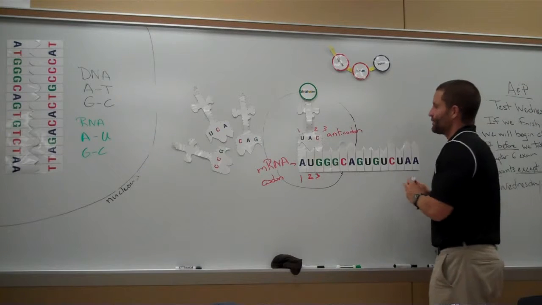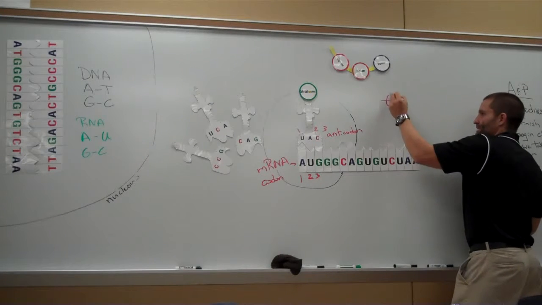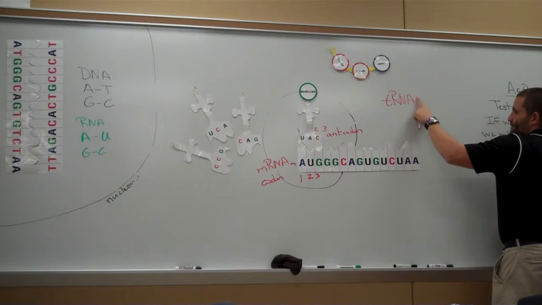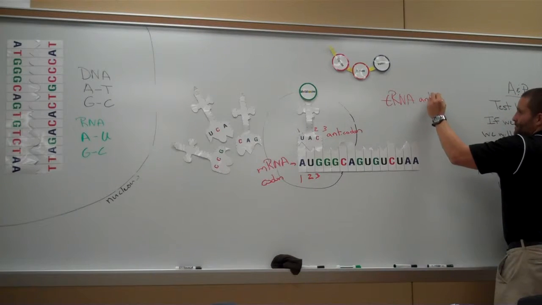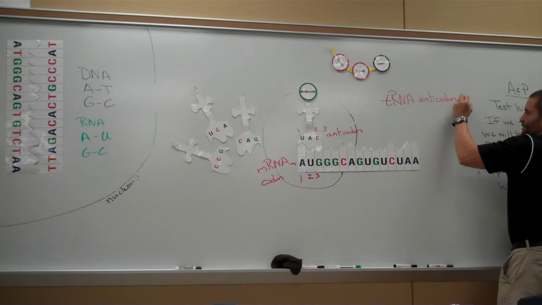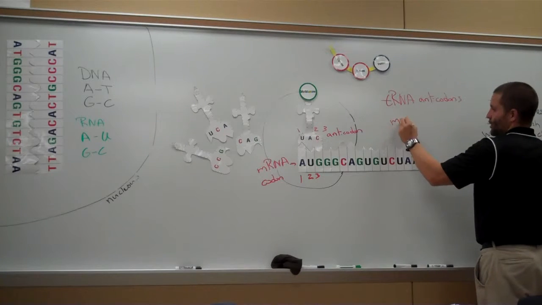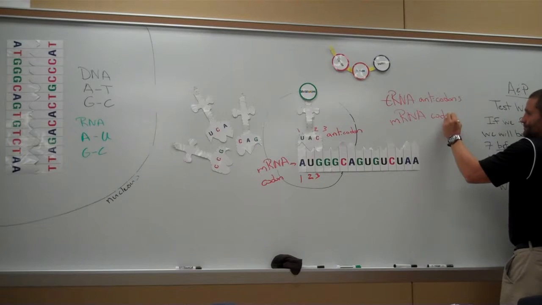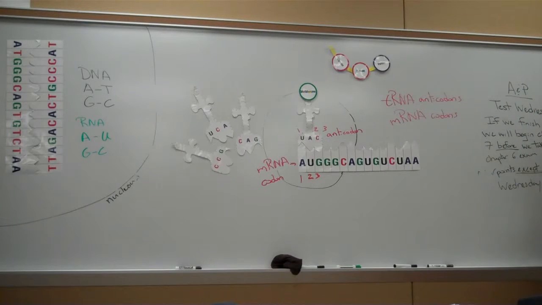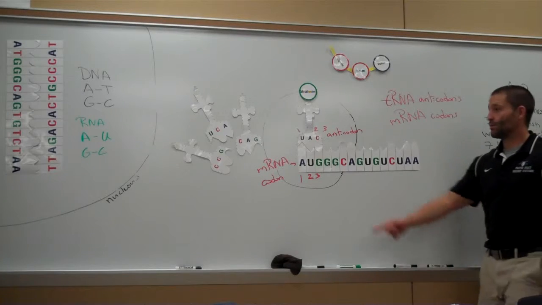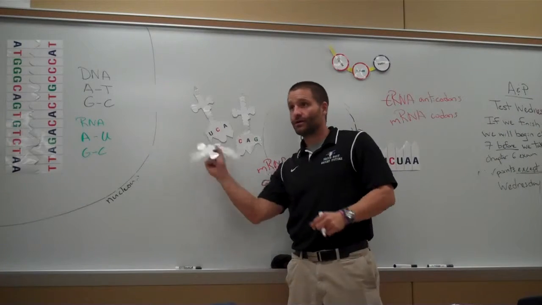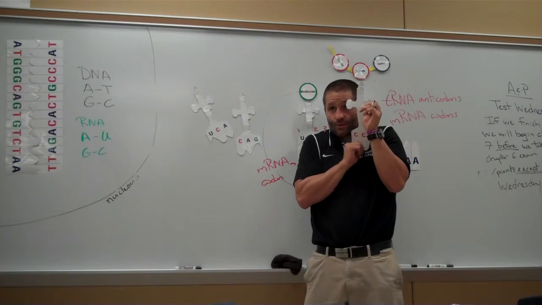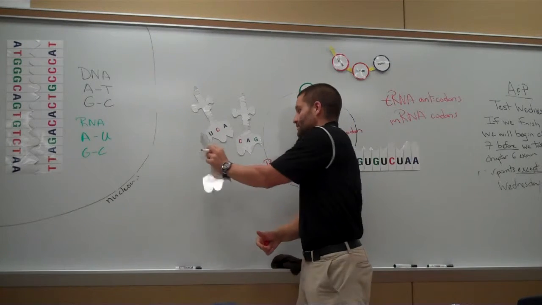So all you really need to remember is that with tRNA, we're talking about anticodons, and with messenger RNA, we're talking about codons. You need to know that it's 3. It's a 3-to-1 ratio. Because of this nice little transfer RNA, it can only take 1 at a time. That's why it's a codon. That's why it's 3 for every 1 amino acid.